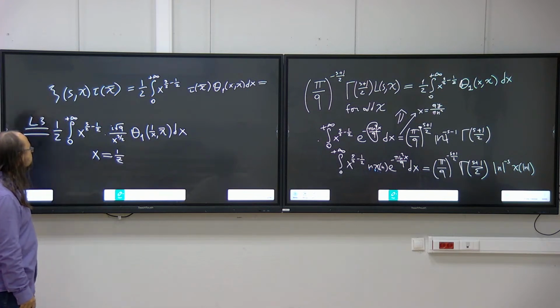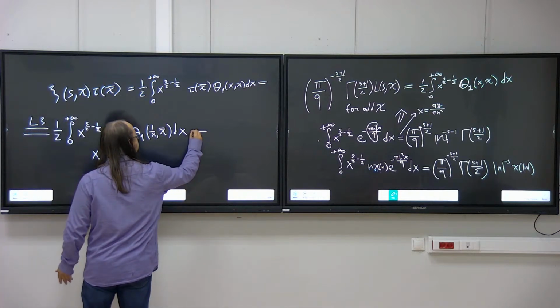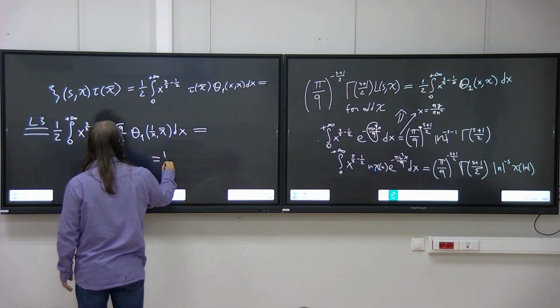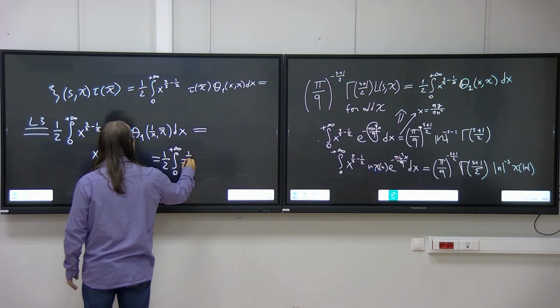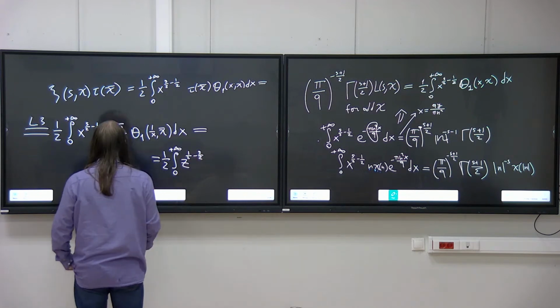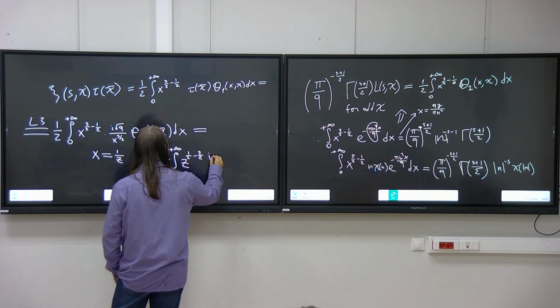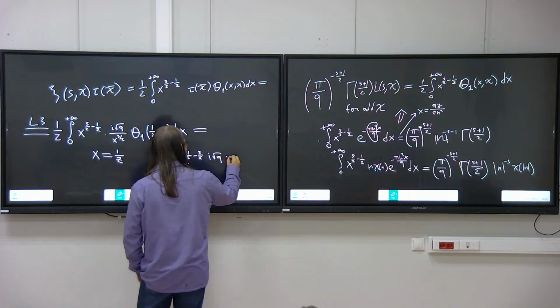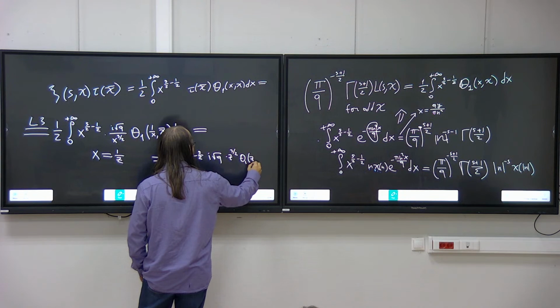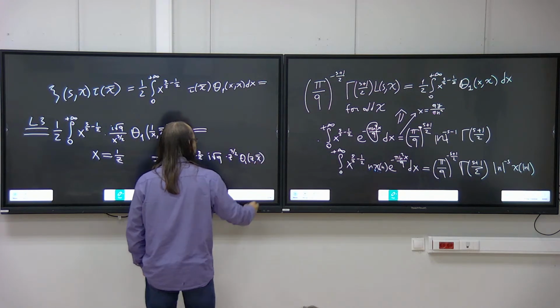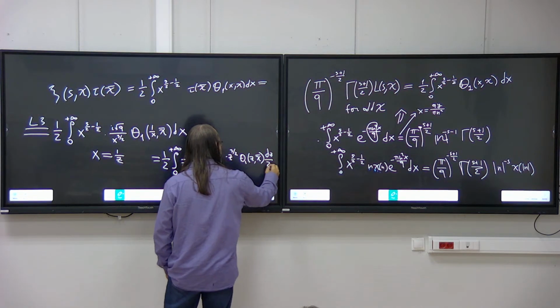And from this change of variables, you are going to get the following. So this is equal to 1/2 integral from 0 to plus infinity z to the power half minus half of s, i square root of q, z to the power 3/2, theta 1 of z, chi bar, dz over z.